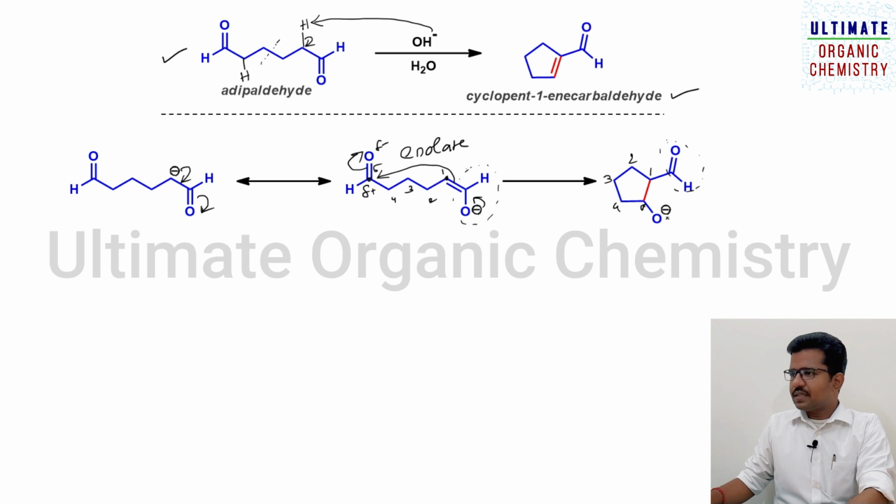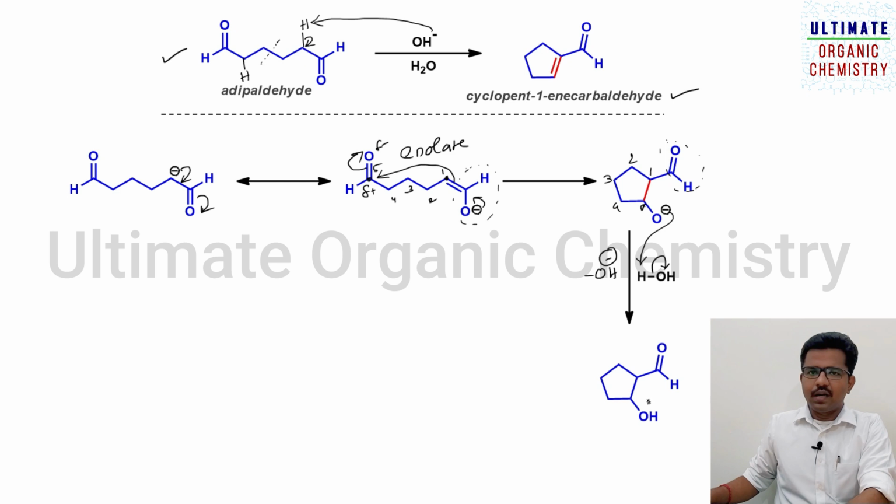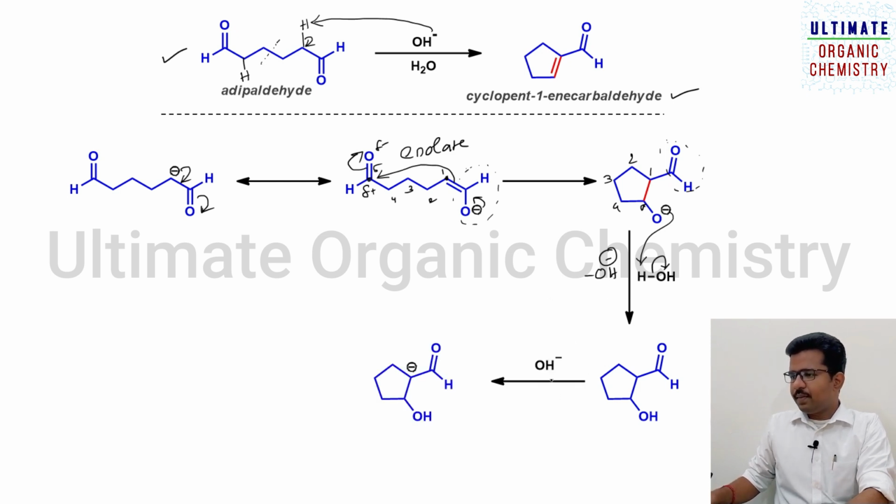Once this alkoxide is formed, it reacts with the water molecule by abstracting the proton. As a result, this OH will leave as OH minus to form the corresponding alcohol. Now this OH minus, the base medium, reacts with this hydrogen atom, which is alpha to that carbonyl group, and which is acidic also.